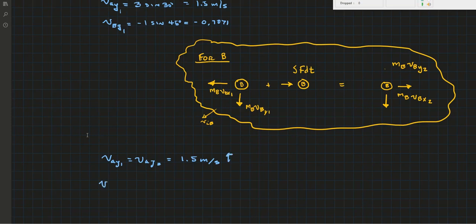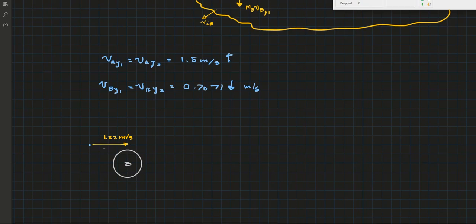And our velocity of B initial equals our velocity of B final, and it's going to equal 0.7071 in the down direction, also in meters per second. So B heads off this way with a velocity of 1.22 in the x direction and a velocity of 0.7071 meters per second in the y direction.